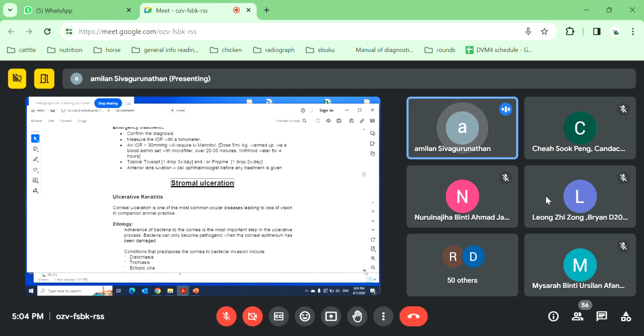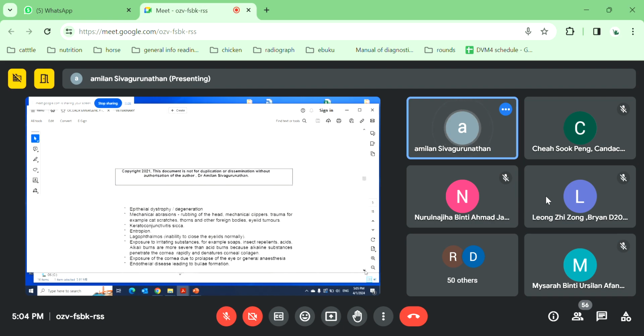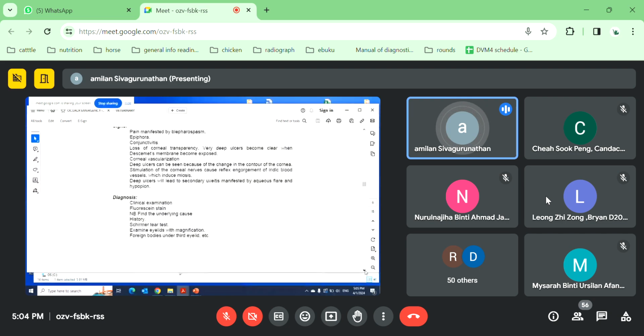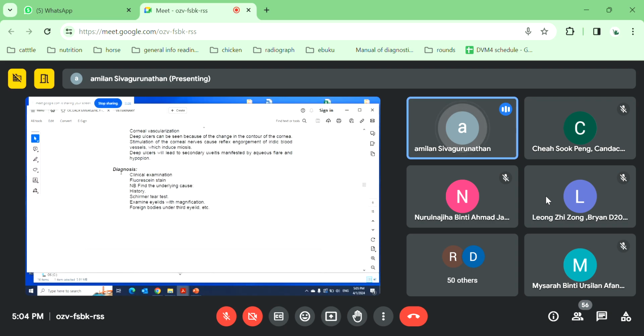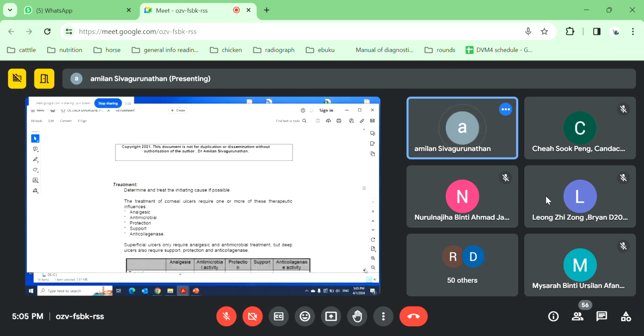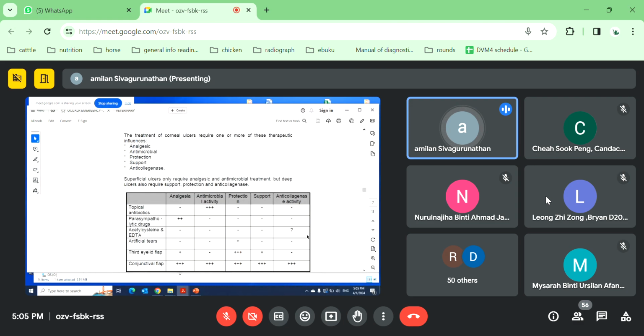And then we go down to the next emergency, which is deep ulcerations. Basically, what we need to do is diagnose it, and of course, we need to classify the lesion. And here I've got a nice chart to give you an indication of the benefits of each therapeutic method.